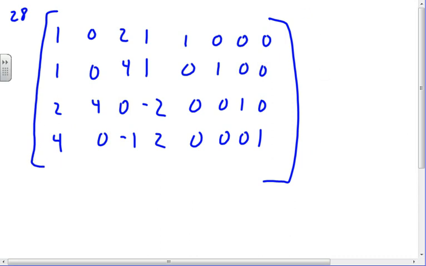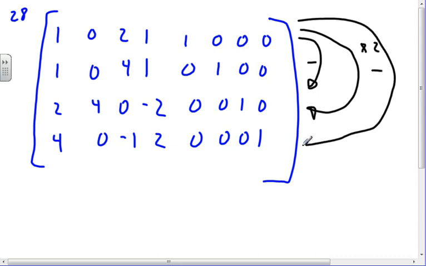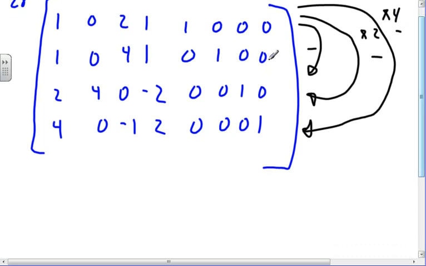Okay. All right, so what we're going to do is we're going to do a subtract, and then we're going to do a times 2 and subtract, and then we're going to do a times 4 and subtract. Okay, so that's the plan. 1, 0, 2, 1, 1, 0, 0, 0.